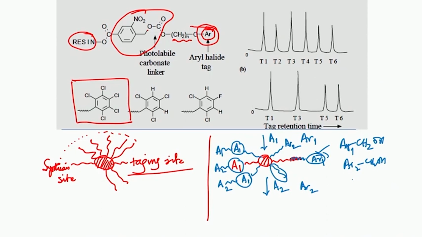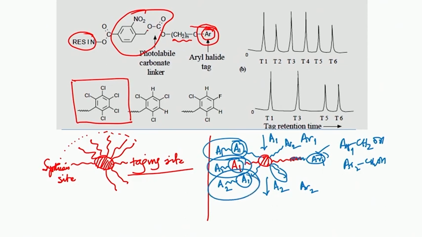Now, you do an HPLC, and if you do HPLC, what will happen? Each tag is different. So, each tag will show its profile, the chromatogram. And depending on the number of tags or number of peaks corresponding to different tags, you can identify the sequence of these entities A1, A2, A3, all these things.